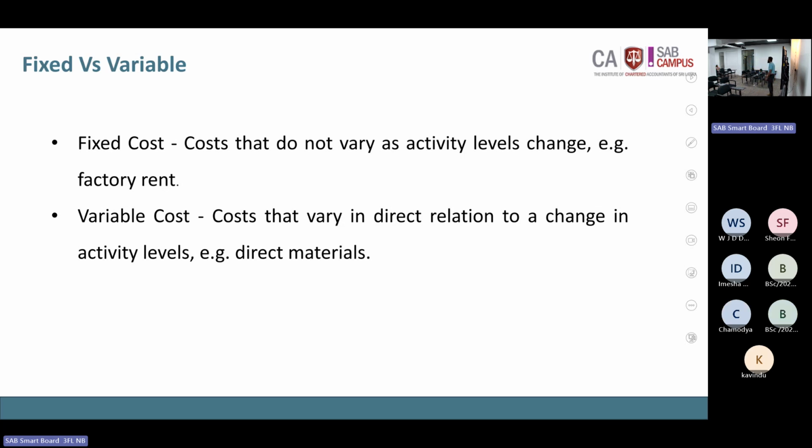What is semi-fixed? What is semi-fixed cost? Semi-fixed cost.